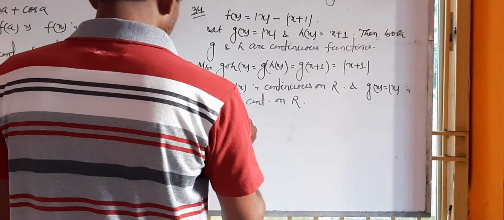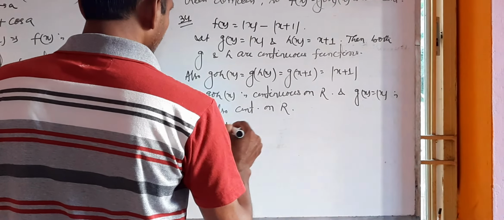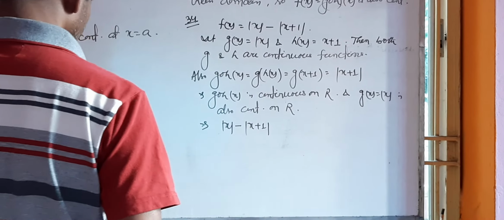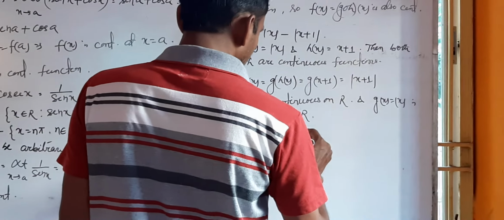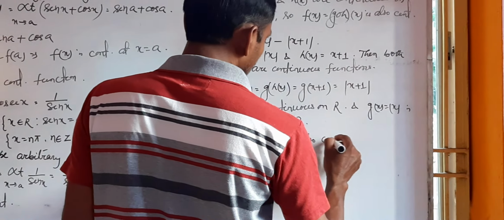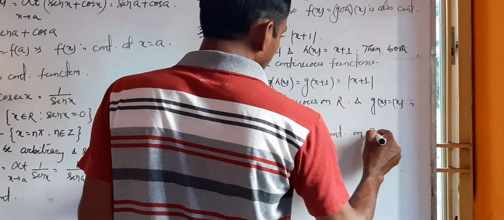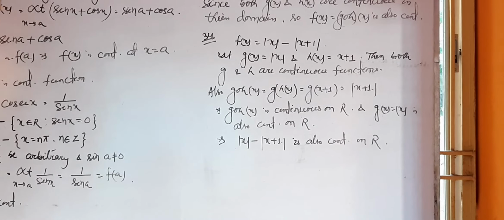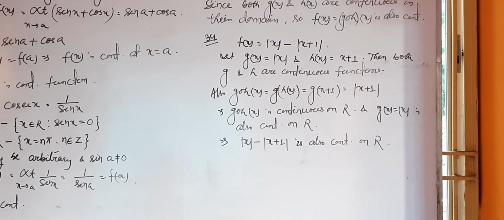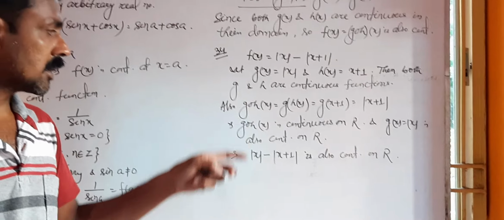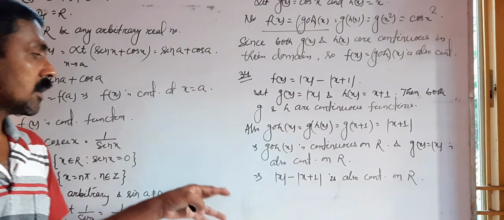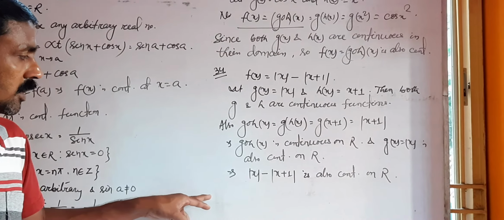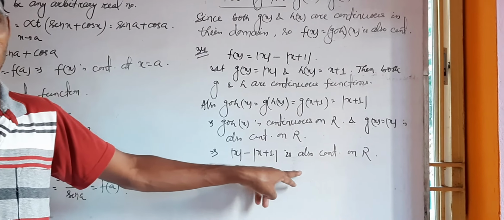That mod x minus modulus of x plus 1 is also continuous on R, because of the algebra of continuous functions we have learned. If two functions are continuous, then the sum of two continuous functions is continuous, the difference is continuous, the product is continuous, and the quotient too.